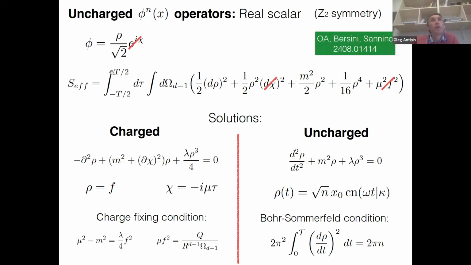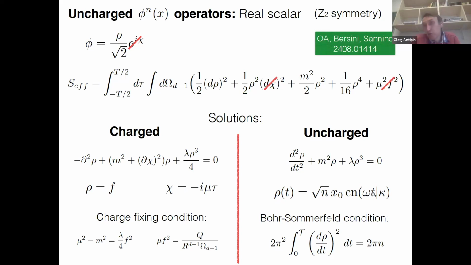It's just n. So this is my Lagrangian from before. Just remove all the terms with the pion, and you have what we have. This was my solution before, remember? My profile for the superfluid and charge fixing condition. And in our recent paper, a couple of months ago, with Jamal and Francesco Sanino, we found an uncharged solution. Basically, in this case, we really solved the equation with a time-dependent profile for rho, for the radial mode.